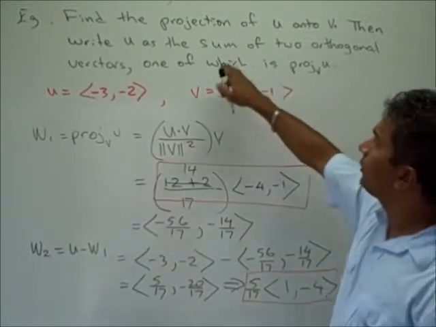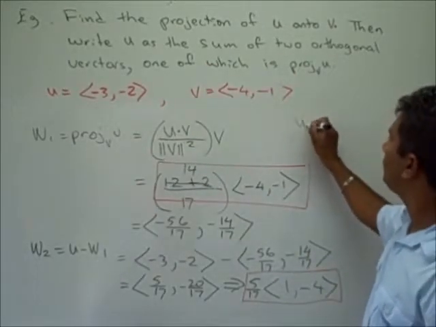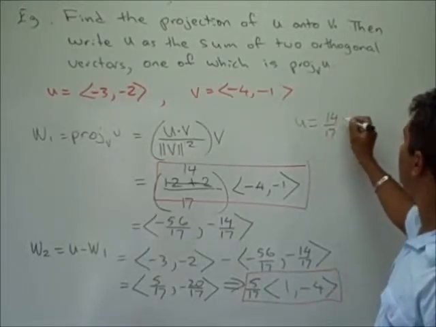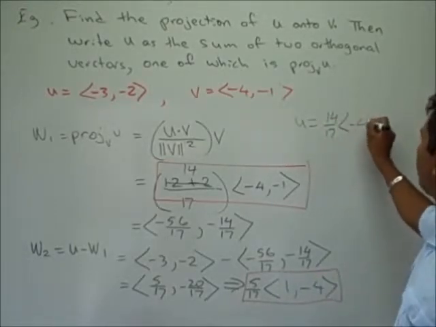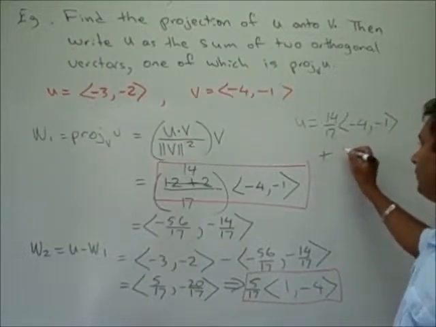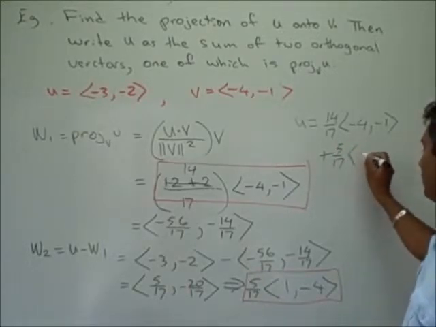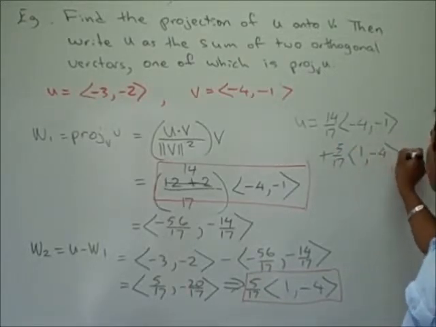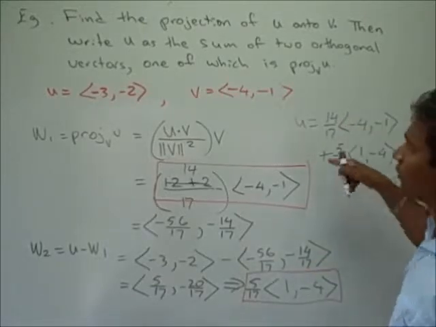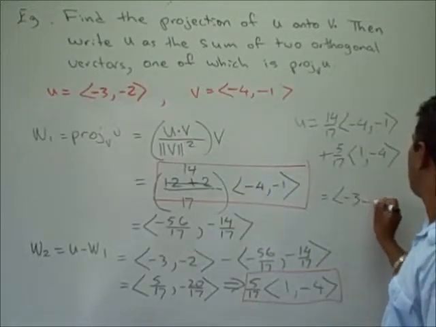Now, to write u as a sum of the two vectors, we can rewrite this as u is equal to 14/17 times <-4, -1> plus 5/17 times <1, -4>. And once we do the calculations, we'll see that these two vectors will give us back <-3, -2>.